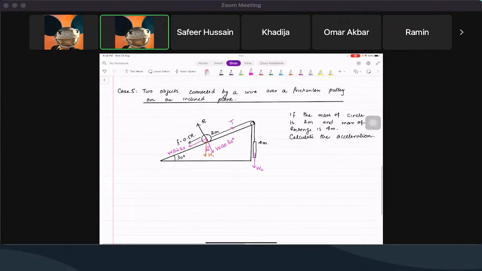Number one, that W2 will always be equal to the tension T in the wire. Number two, W1 cos theta will always be equal to the reaction on the object. Is it clear?